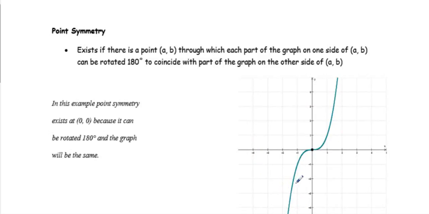Around to this quadrant here, if we rotated this, we would end up with the graph back. This part would become this part, and this part would become this part if we rotated it through this particular point, through the origin. So it is said that point symmetry exists about the point 0, 0, or about the origin. We're always rotating 180 degrees to determine whether point symmetry exists.